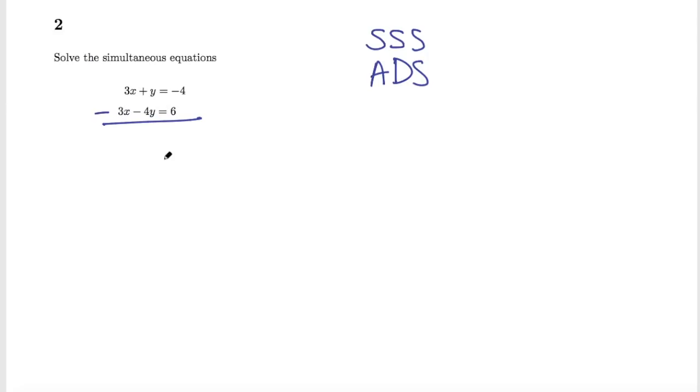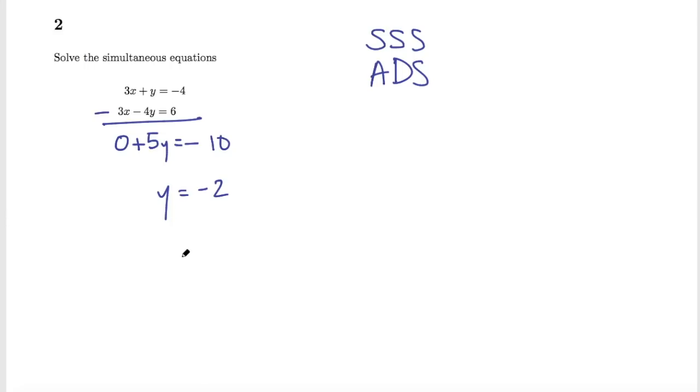So 3x take 3x, well that's 0, and that's the reason we're doing this, to eliminate one of the variables. And then plus y minus 4y, that's going to be plus 5y. And then I've got minus 4 minus 6, that's going to be minus 10. And if we solve that equation, we'll get y equals minus 2.